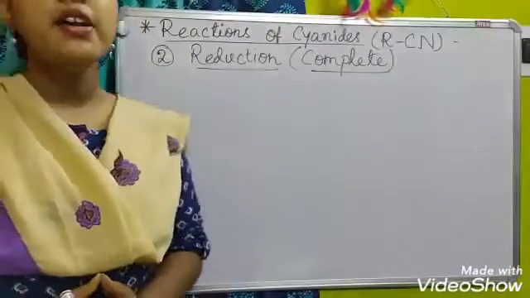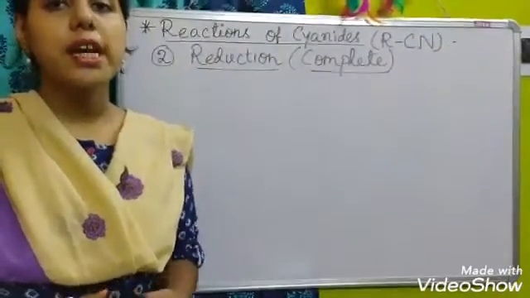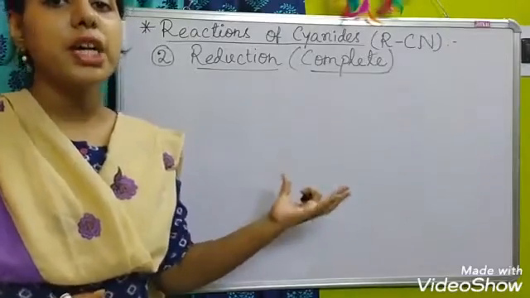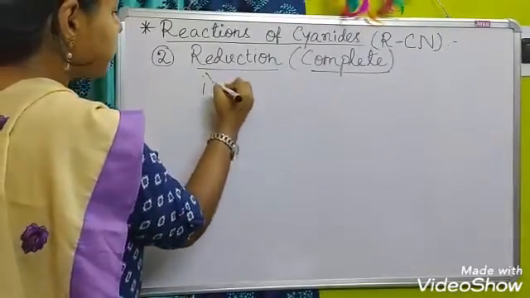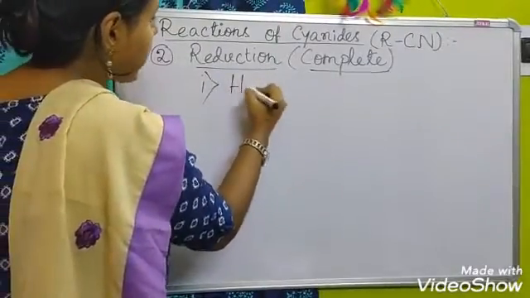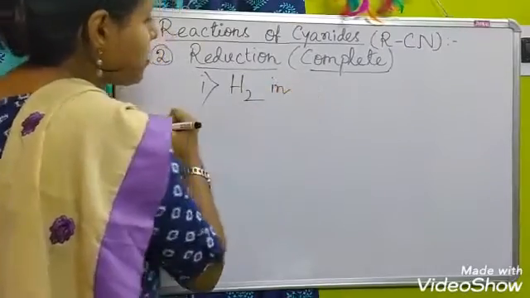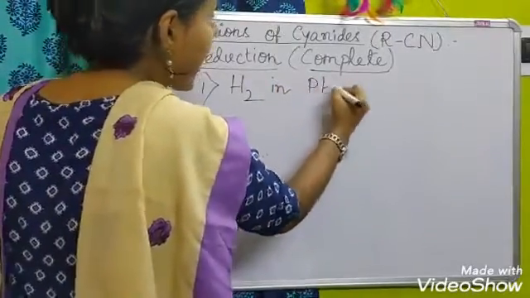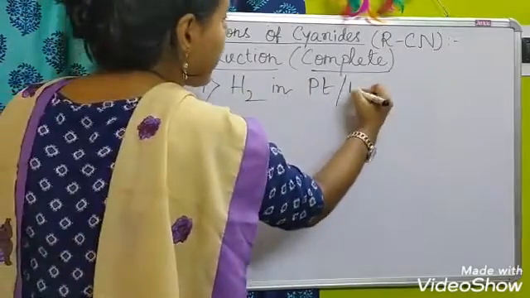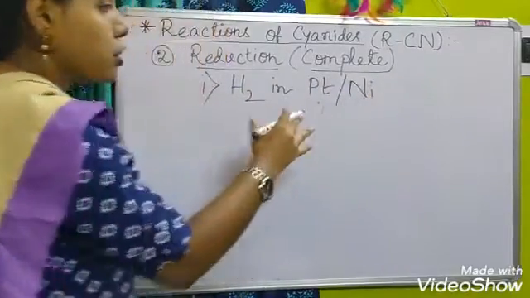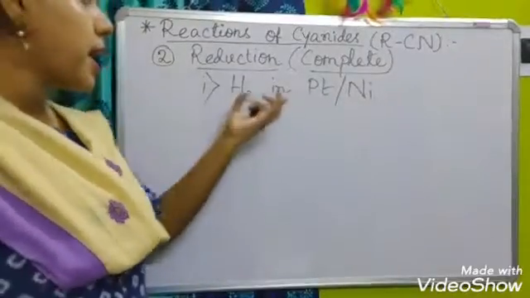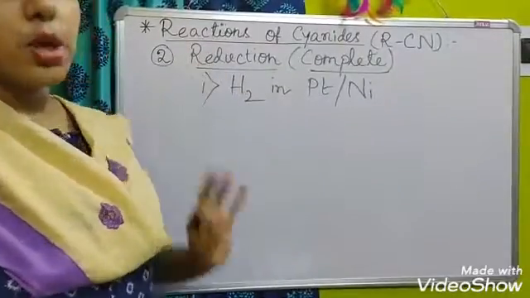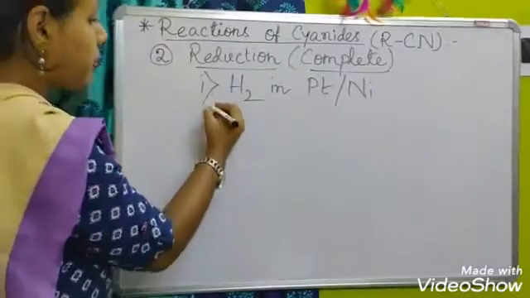So many reagents we can use here for the complete reduction of these cyanides. So what are the reagents? We can use here hydrogen in presence of platinum or nickel. So these metals, hydrogen in presence of these metals, they can reduce the cyanides. Okay. Number 2.